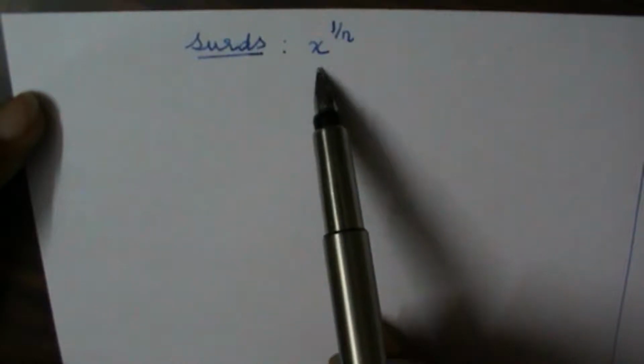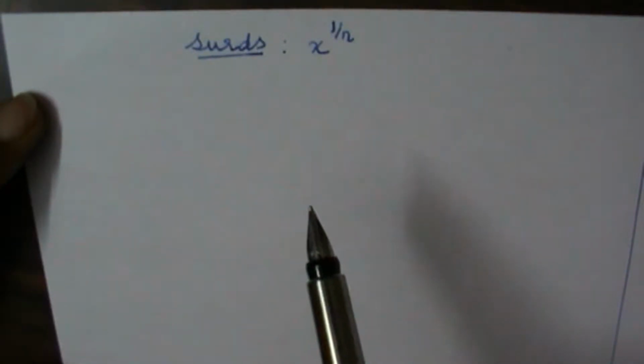We are coming to another concept, which is surds. Under irrational numbers, if x is a positive integer and n is a positive integer, then x to the power 1 upon n is called a surd.